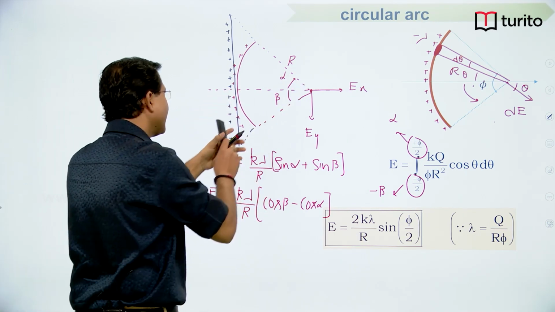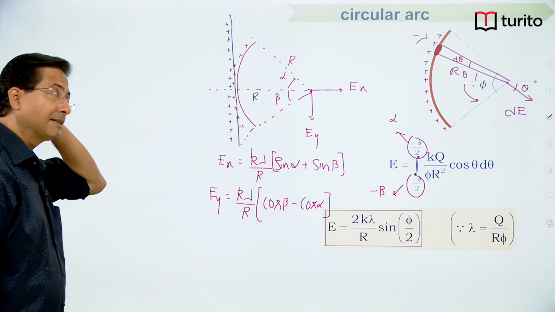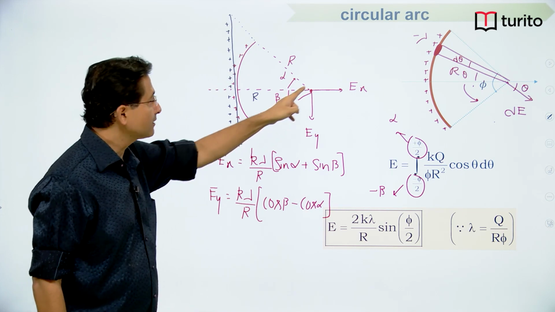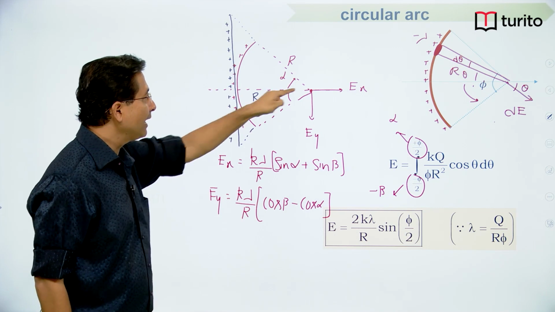Perpendicular distance is still r, this distance is r, right. That means whatever be the field produced by this arc at this particular point, the same will be the field produced by this straight wire at this particular point.